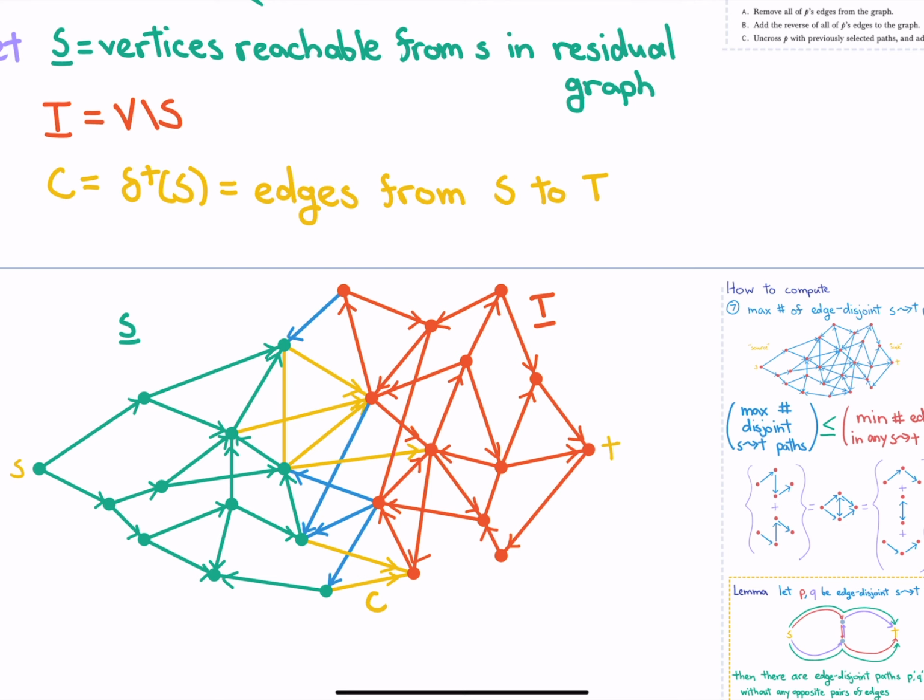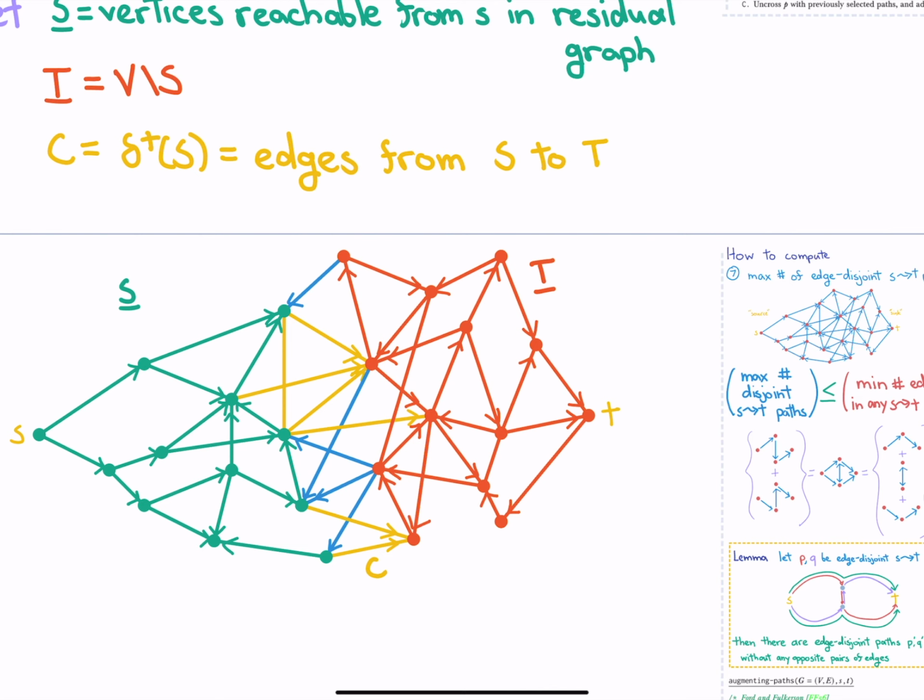There might have been some edges there at the beginning. At the end, none of those edges are left, because S can no longer reach T. So we're focusing on this particular cut of edges leaving the green, leaving capital S, where capital S is the set of vertices that the source can reach at the end. Let's focus on this cut.